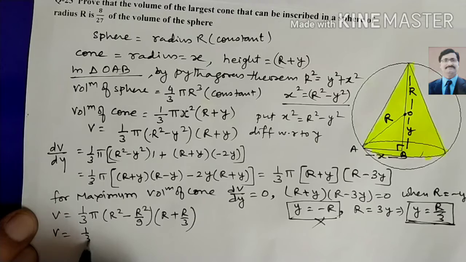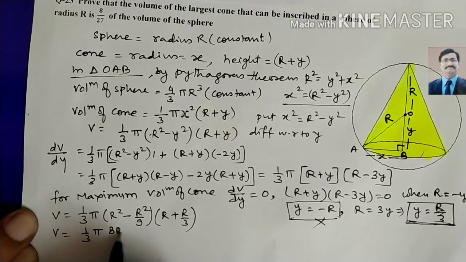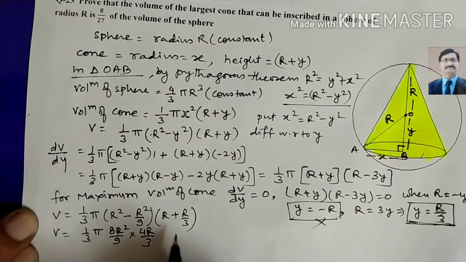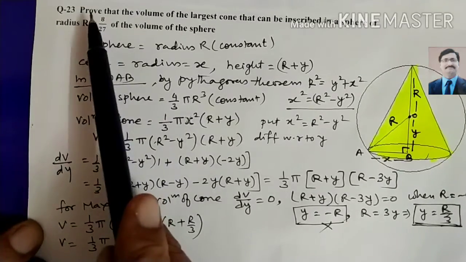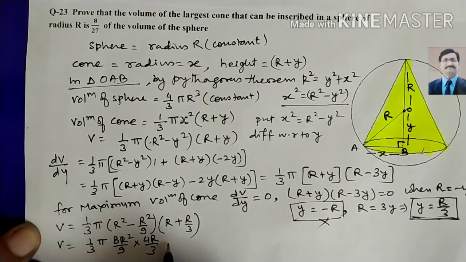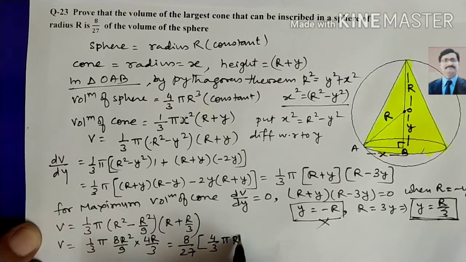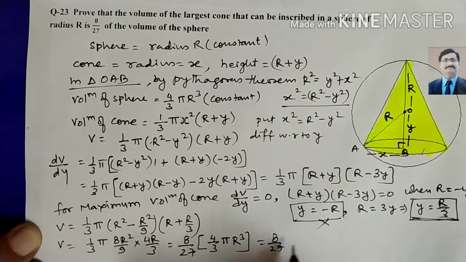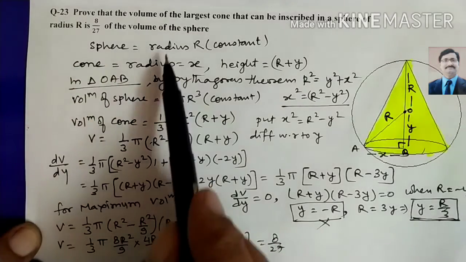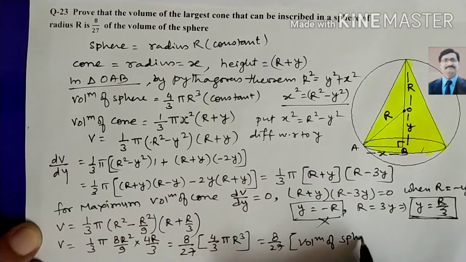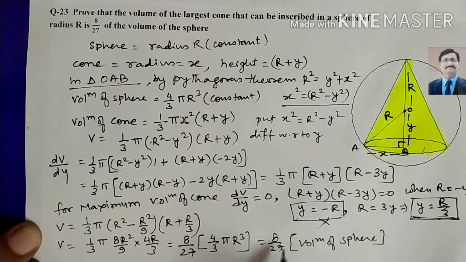So this will be 1/3 π times 8R²/9 times 4R/3, and we take 8/27 common. The remaining portion is 4/3 π R³, and this is the volume of a sphere. So the volume of the cone is 8/27 of the volume of the sphere.